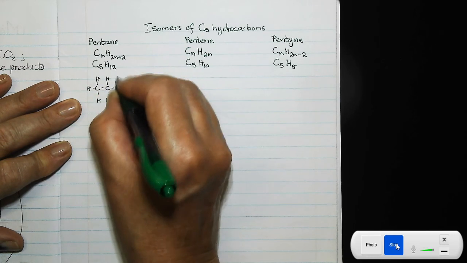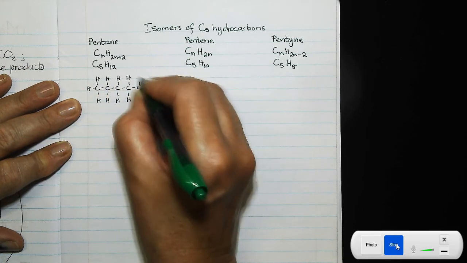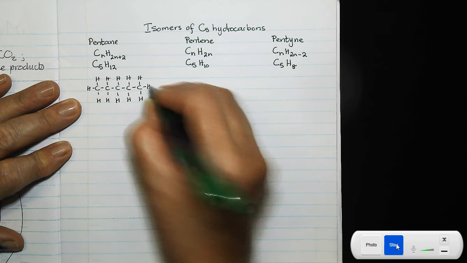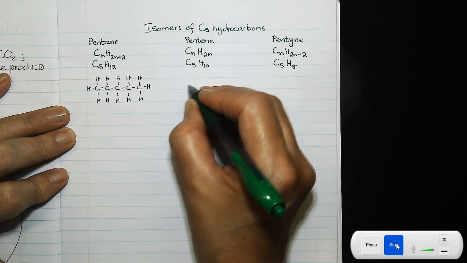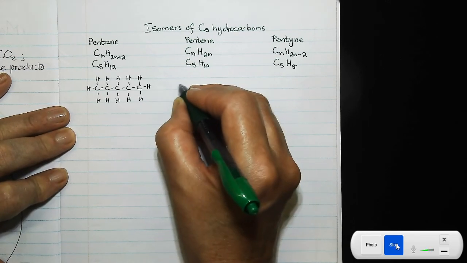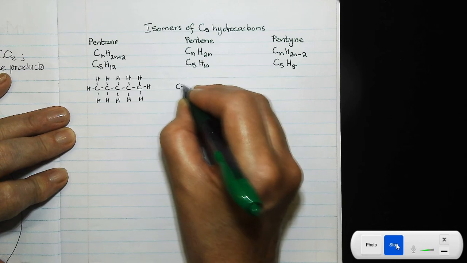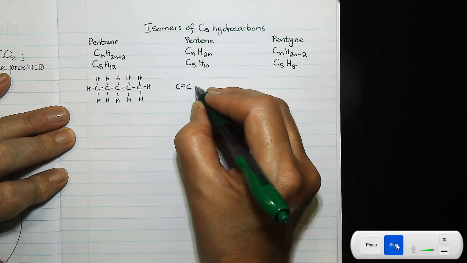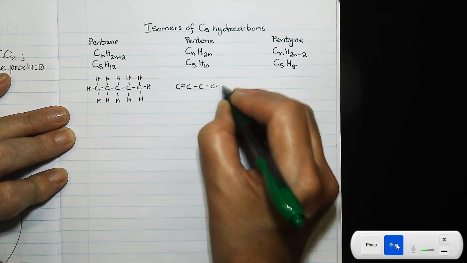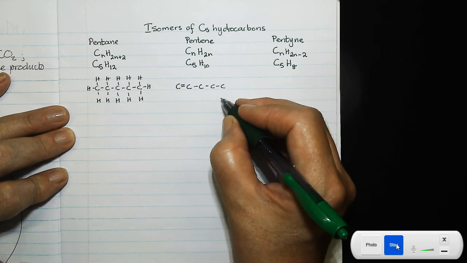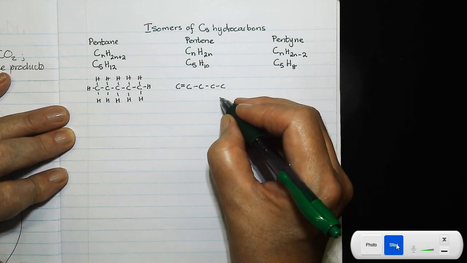With only single bonds, this is called a saturated hydrocarbon. Pentene has a double bond between 2 carbons. I'm going to start off with a double bond between the first 2 carbons, and then to complete the molecule, only single bonds.